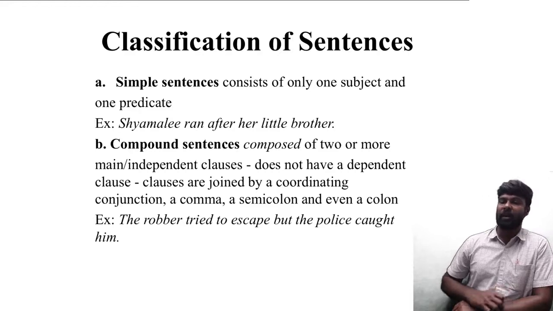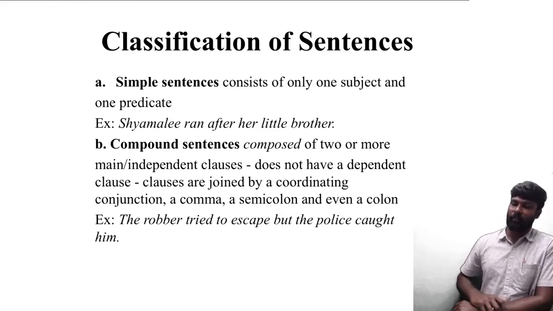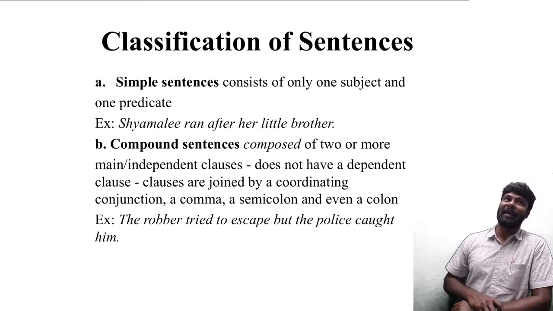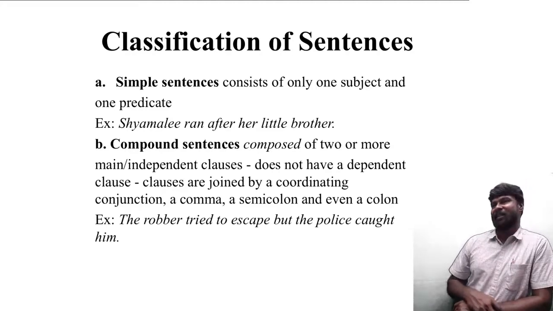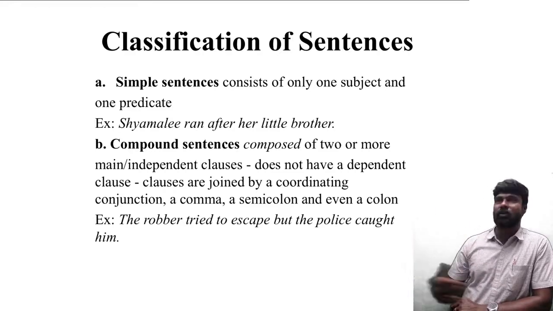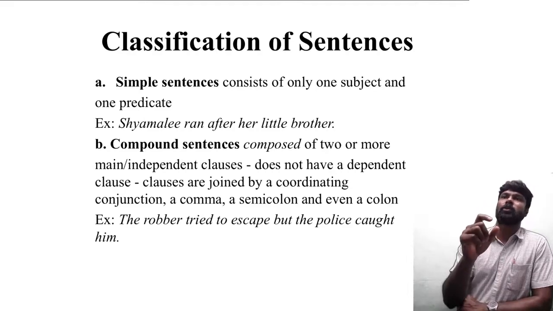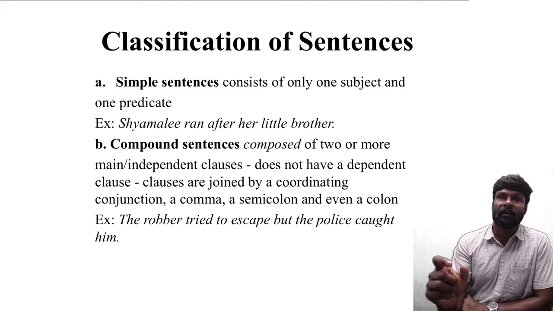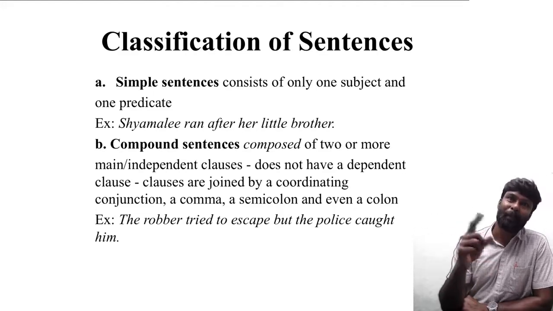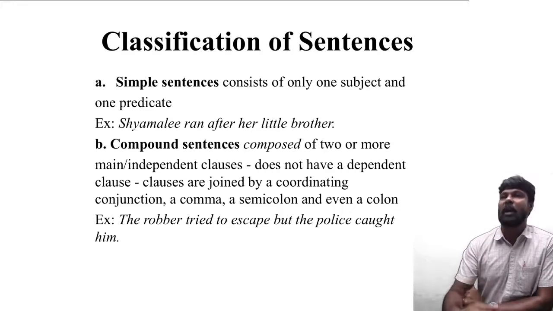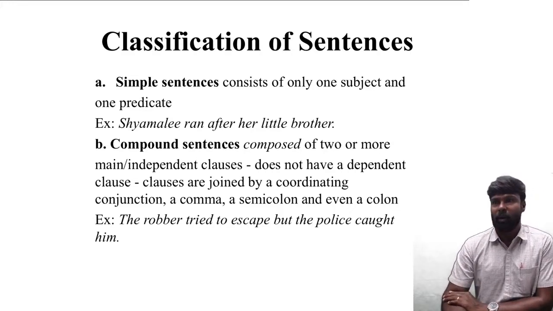Now what is a dependent clause? A subordinate clause is also called a dependent clause. So any main clause can also be called an independent clause, and any dependent clause can also be called a subordinate clause.